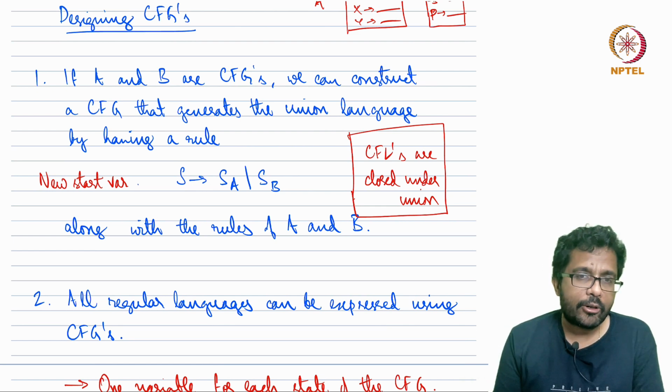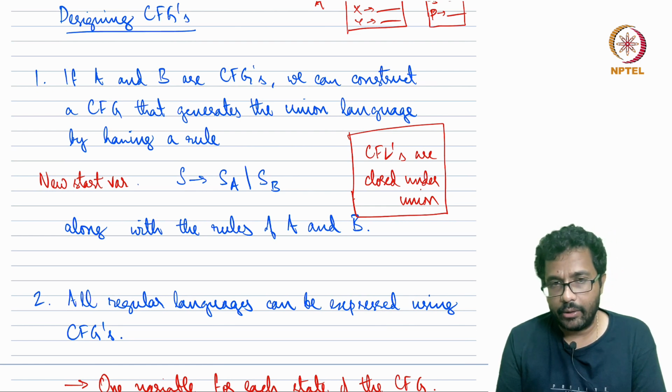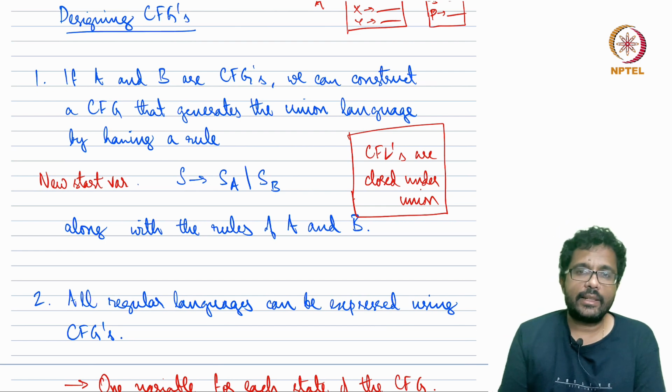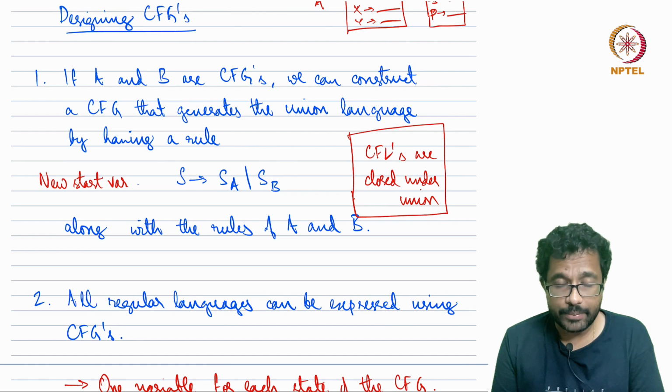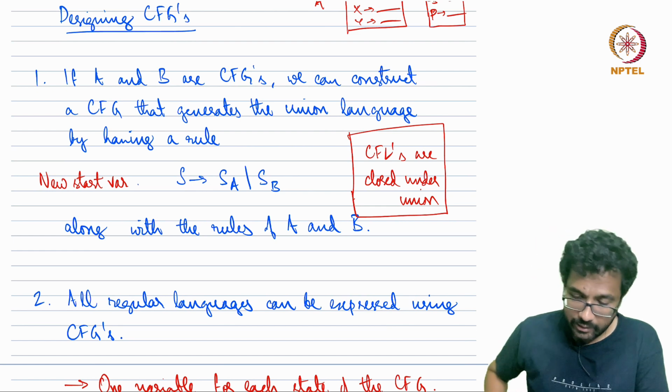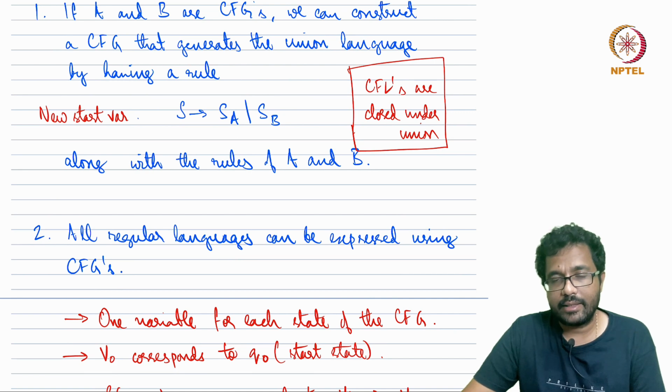But can we express every regular language using a context free grammar? Meaning, are regular languages a subset of context free languages? The answer is yes. Every regular language can be expressed using a CFG.